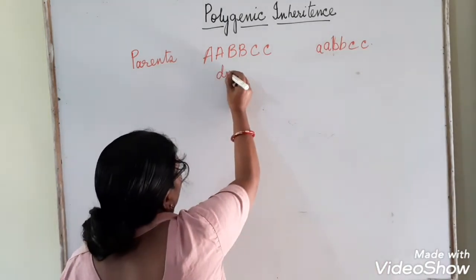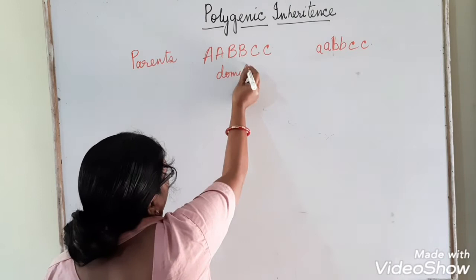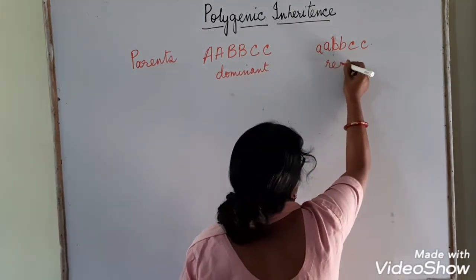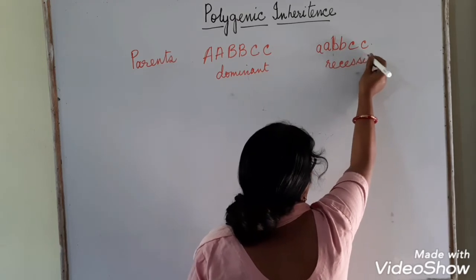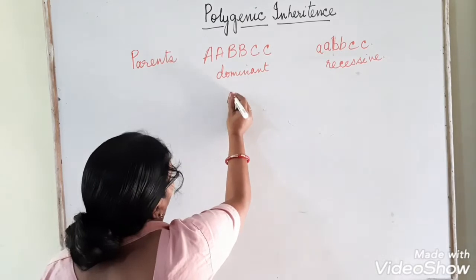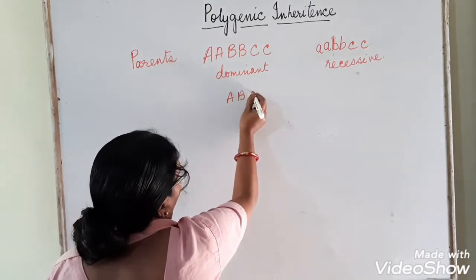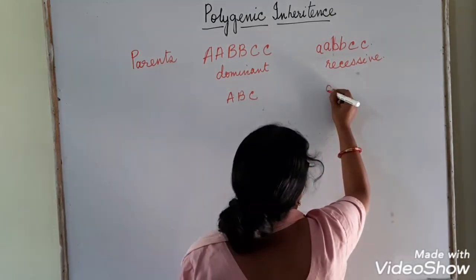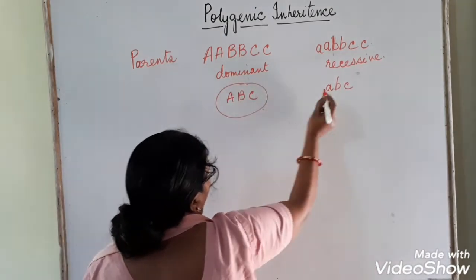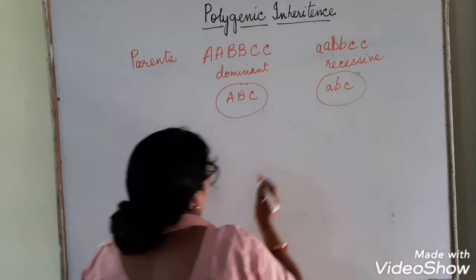This is dominant and this is recessive. The gametes are these, the possible gametes.